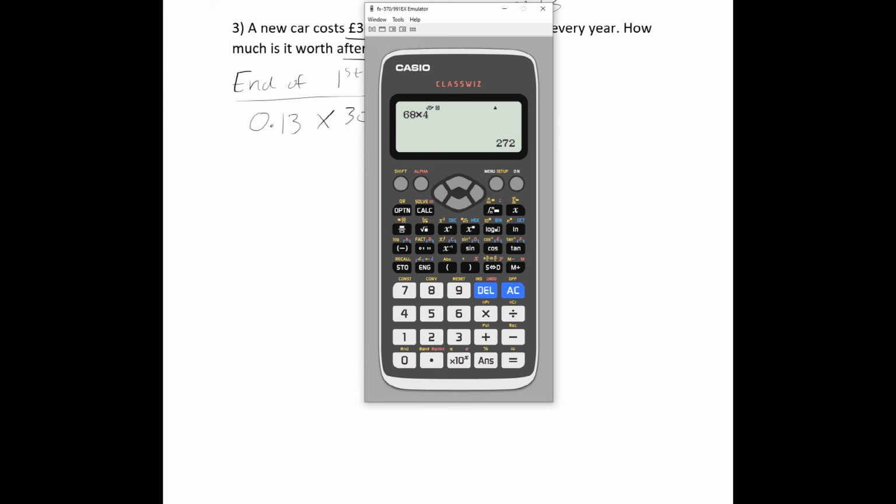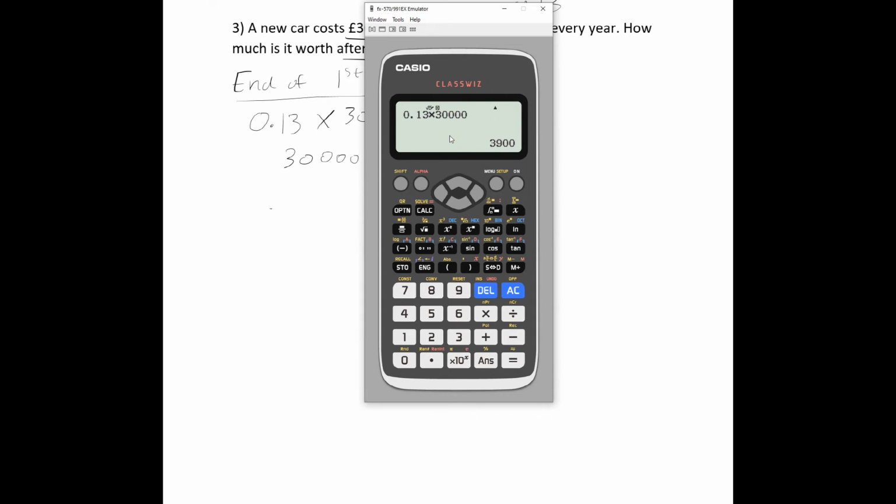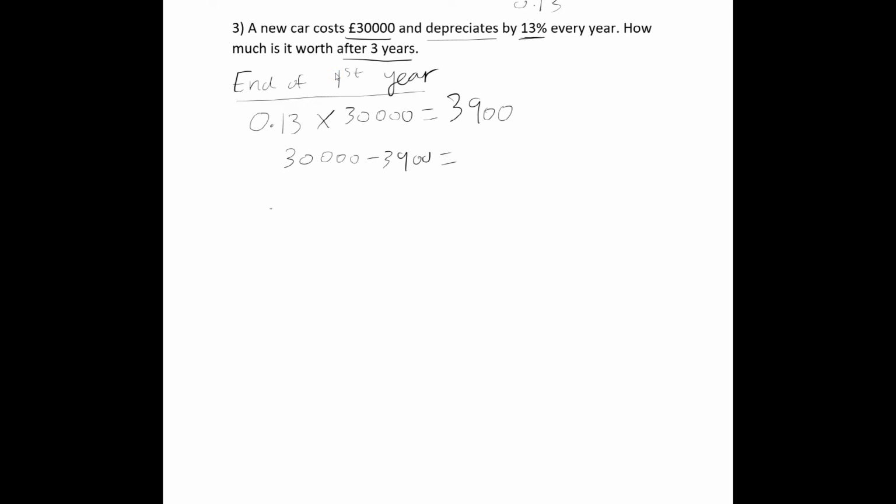I'm going to calculate this. That's 3,900. And then because we are depreciating in value, I need to take 3,900 away from 30,000. This is 26,100. So the car is worth £26,100 after exactly 1 year.